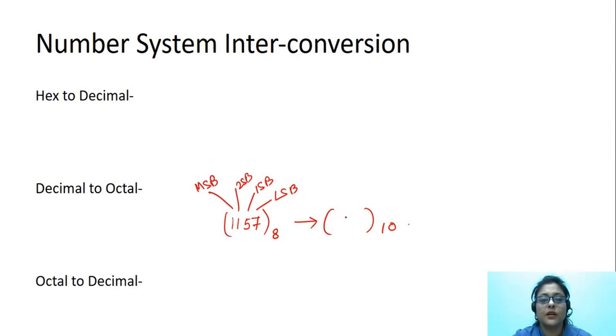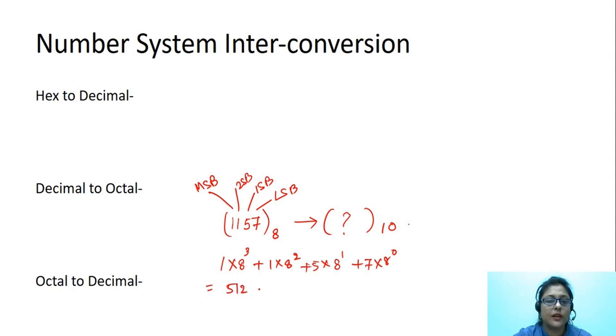So what will be the decimal equivalent of the octal number 1157? So 1 into 8 to the power 3 plus 1 into 8 to the power 2 plus 5 into 8 to the power 1 plus 7 into 8 to the power 0. 8 to the power 3 is 512 plus 8 to the power 2 is 64 plus 5 into 8 is 40 plus 7.